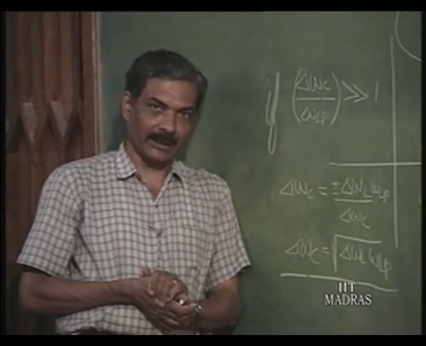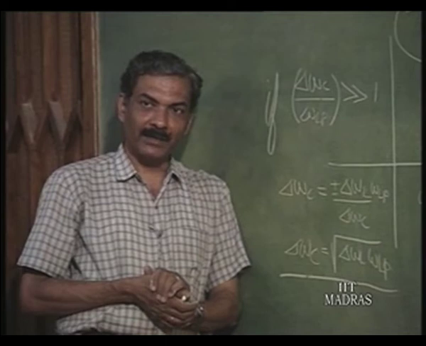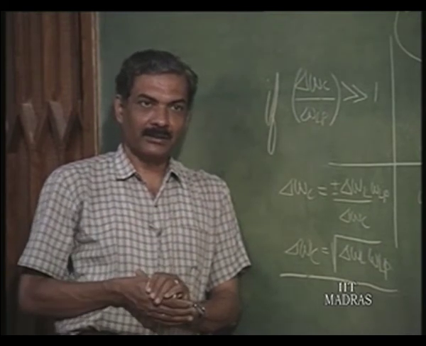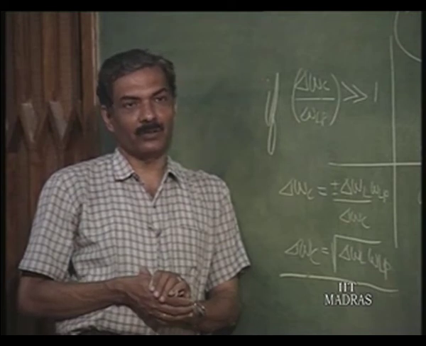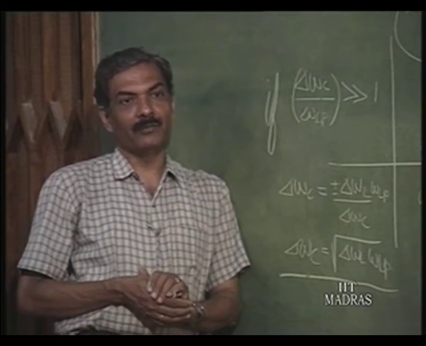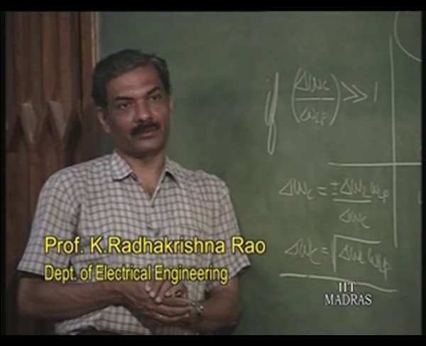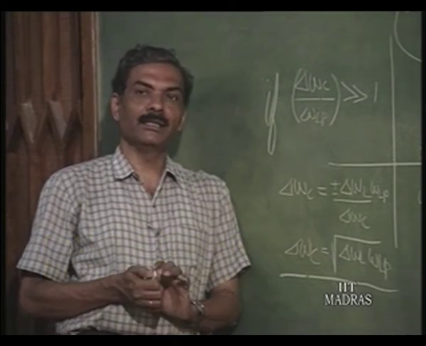But once it captures, it can keep itself under lock for a wide range of frequency. Such a characteristic of the phase lock loop finds itself in a variety of applications, in communications and controls. This we will discuss in the next class.